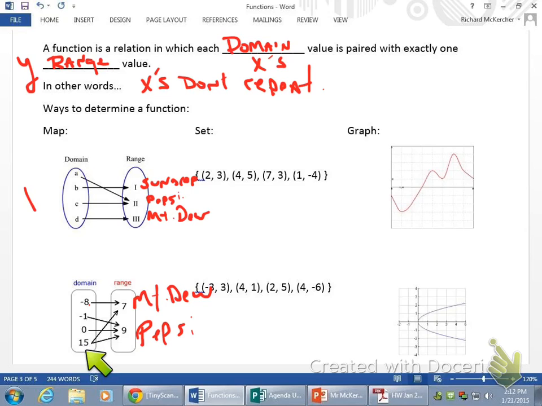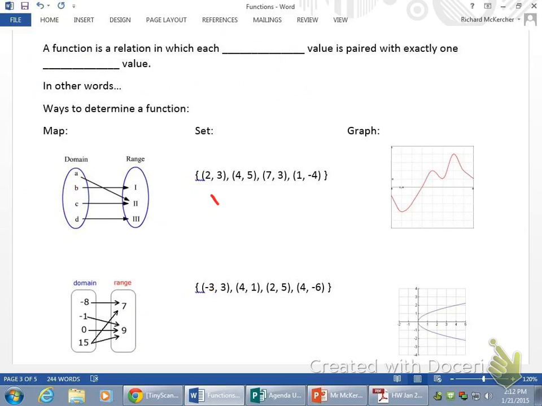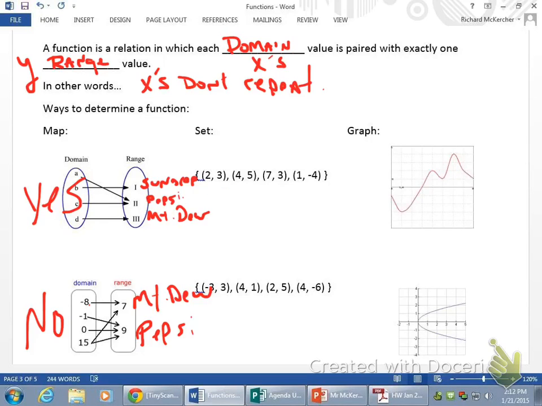But if I press the number 15, here's the problem. What drink will it give me? And the answer is, I don't know. It might give me a Mountain Dew, it might give me a Pepsi. But that's not a good machine. So obviously this machine is not functioning correctly. And that's why the first one is a function and the second one is not a function.